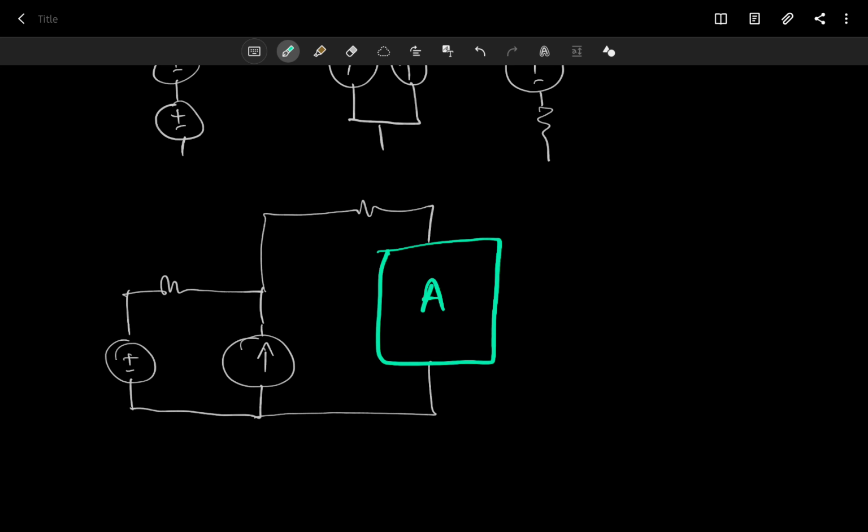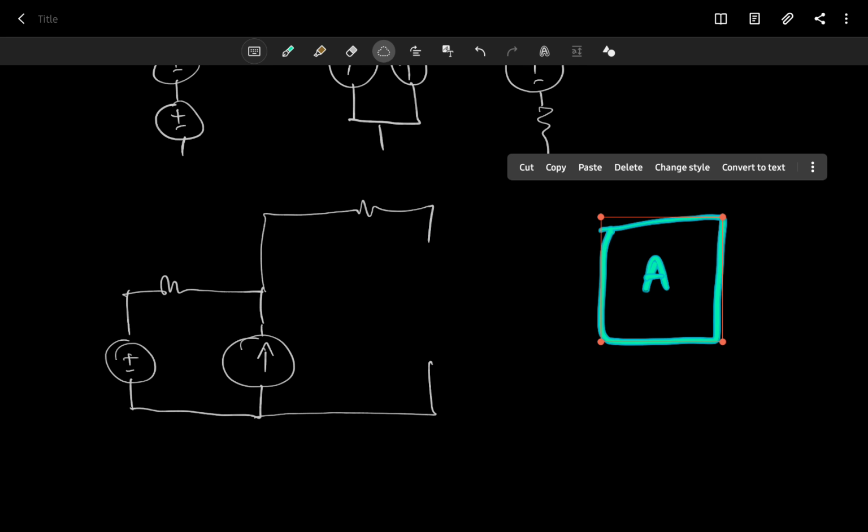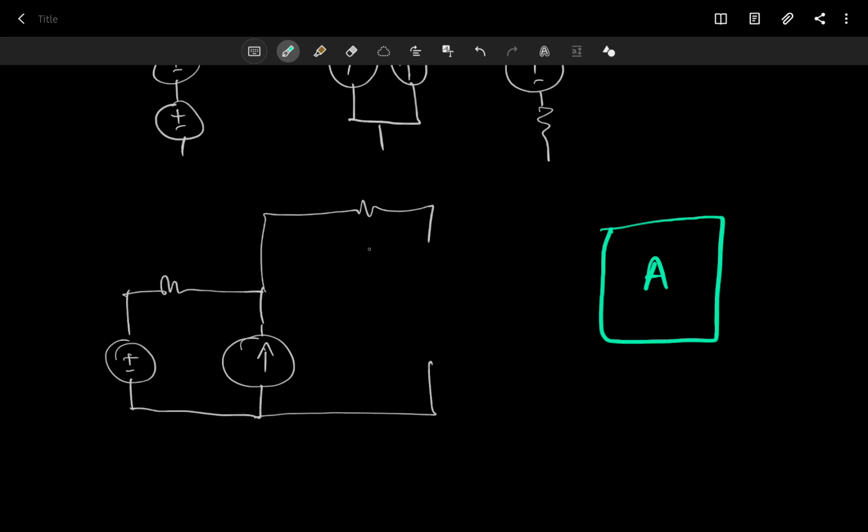And you change everything inside the box. You replace circuit A with another circuit, say circuit B. But it turns out that everything outside the box is just the same as before.